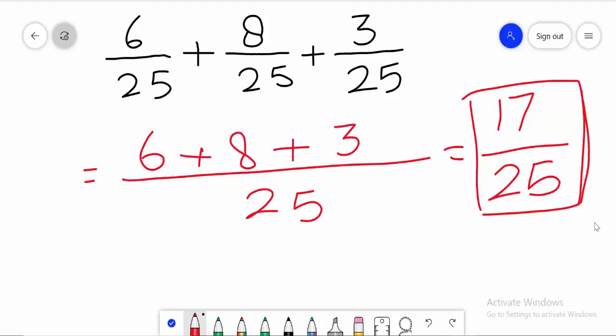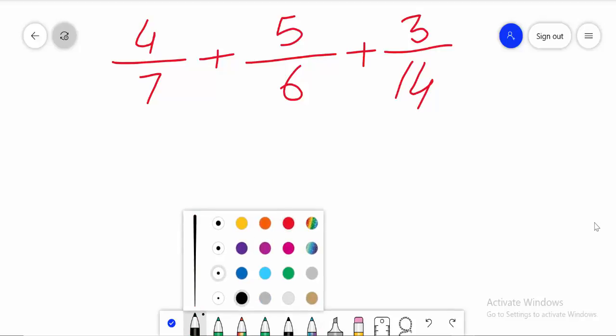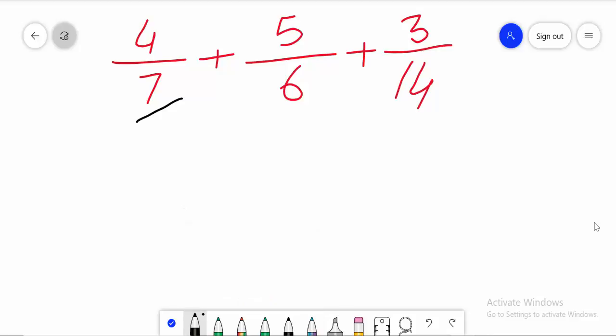Now move to the slightly more complex question. Here on screen you can see the new fraction 4 over 7 plus 5 over 6 plus 3 over 14, and first of all you can see the denominators are different: 7, 6 and 14. We need to find the LCM of these three denominators.